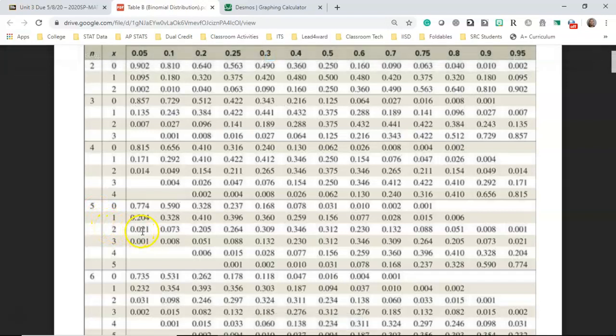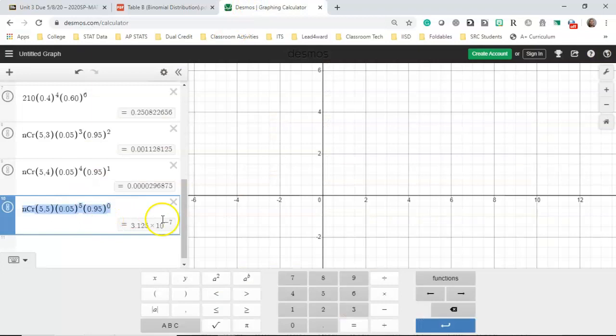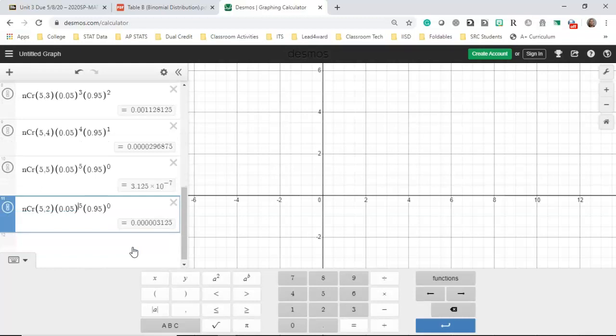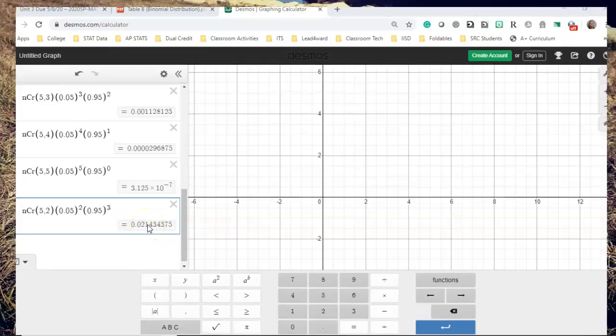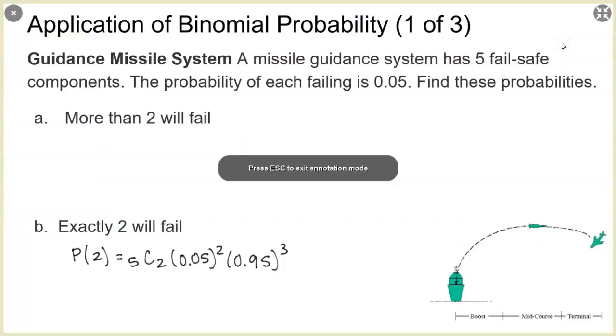So 0.021 is the value I get from the table. If I go to Desmos and let me continue with my copy and paste, this would be 2, this would be 2, and this would be 3. So 0.021, same value. So we have some options that we can work with here.